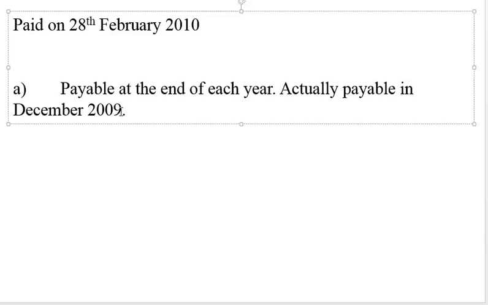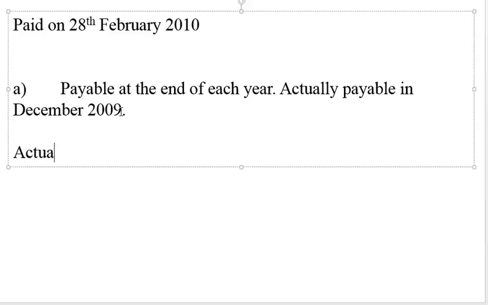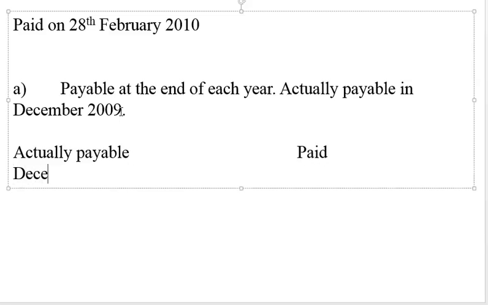So actually it was payable in 2009. If it's not clear, I will mention it like this: actually payable and paid. Actually payable in December 2009, which is year end. It's written in the contract, right?